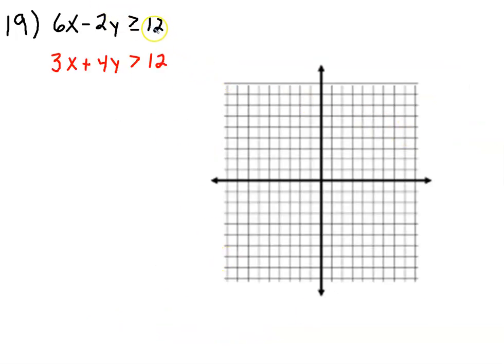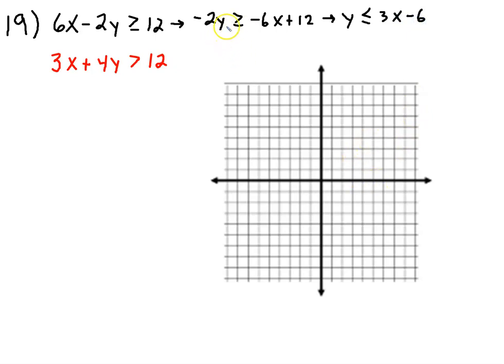19 is a system of linear inequalities. So I need to get them solved for y first. I'm going to subtract 6x from both sides. Then I'm going to divide by -2 on both sides. And when I do that, that causes me to reverse the direction of the inequality.